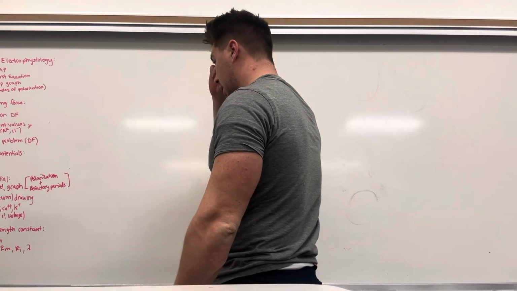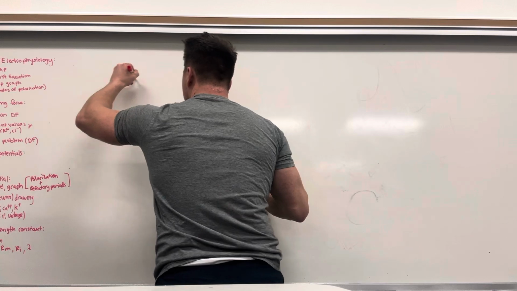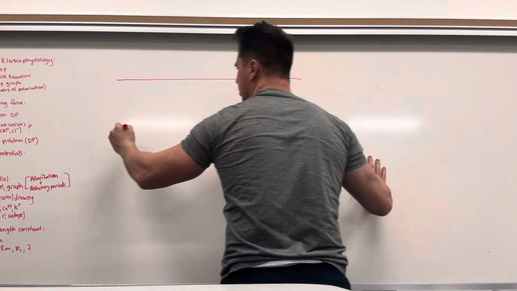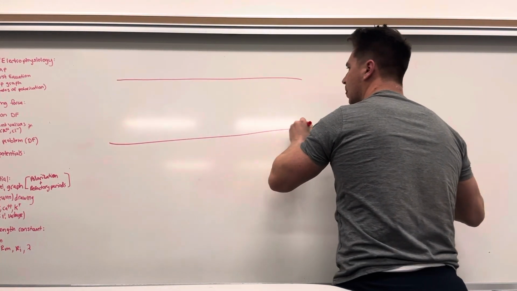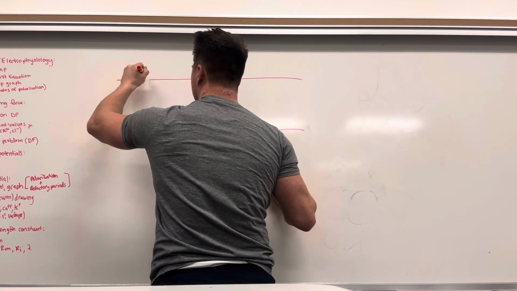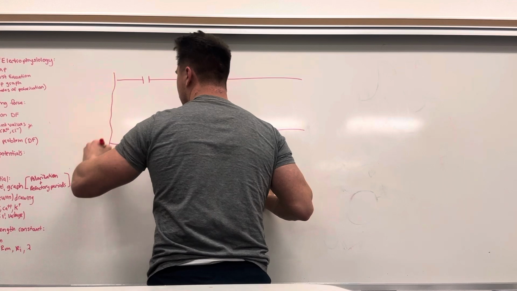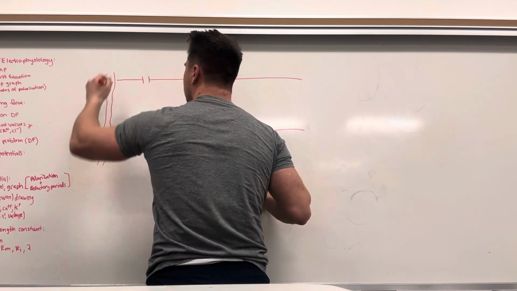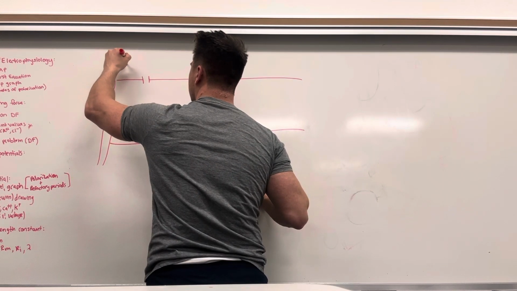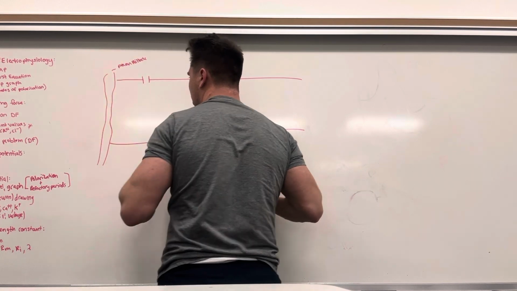Okay, so let's draw out a neuron really fast. I don't know if I'm going to be as detailed as I normally am. Here's what happens. This is your axon hillock.